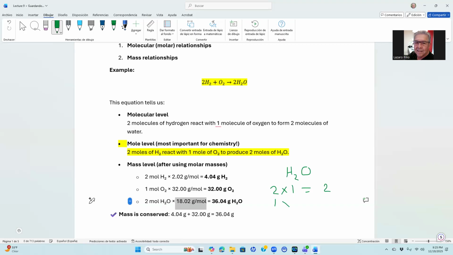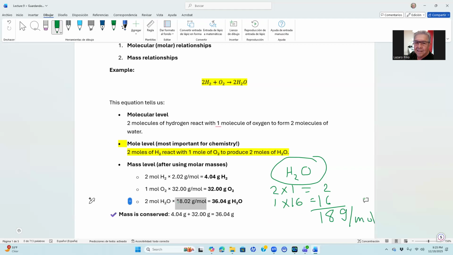And 1 of oxygen, and every mole of oxygen weighs 16 grams. Then you say 16, and then you add, and then you can say that the water molecular mass is 18 grams per mole.